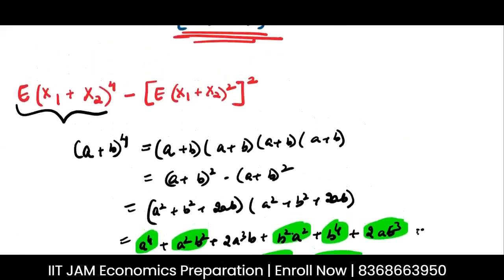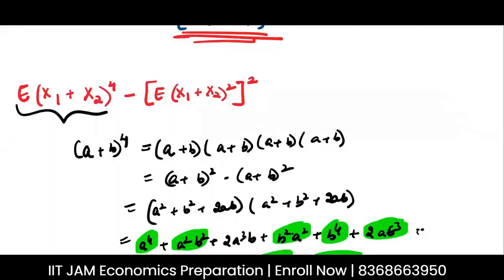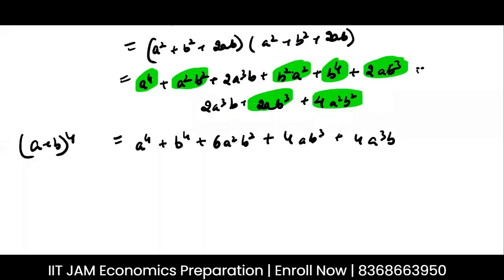So this is exactly what I have to do: (X1 plus x2) to the power 4. Let's take this forward now. If we go ahead and say E of, now my A and B are known to me.